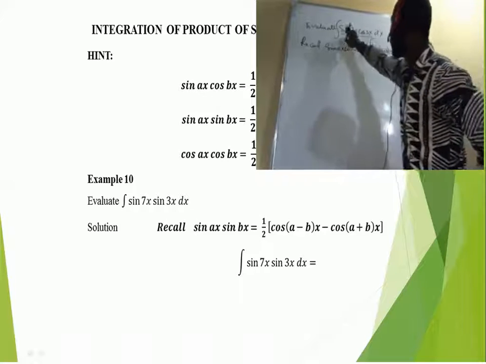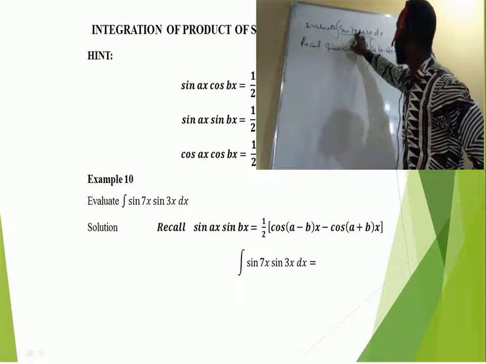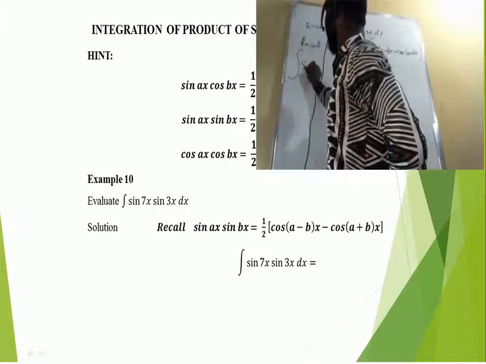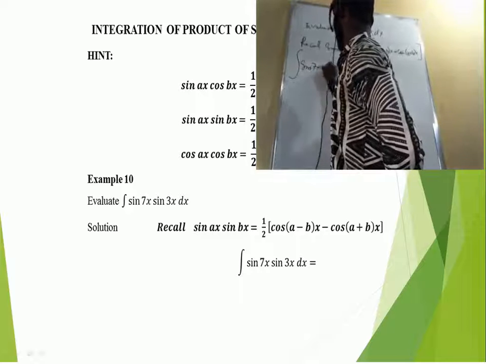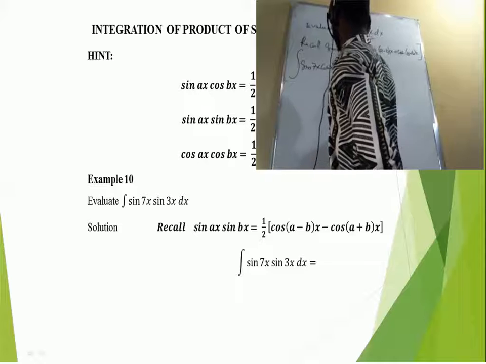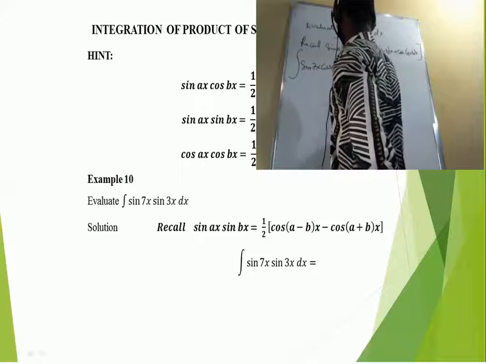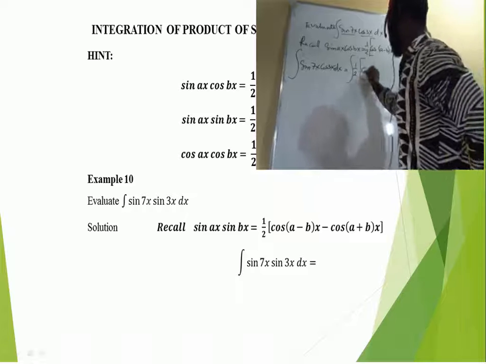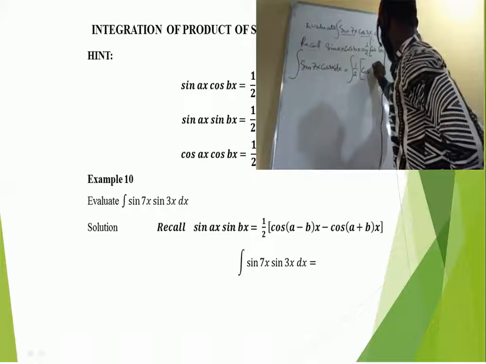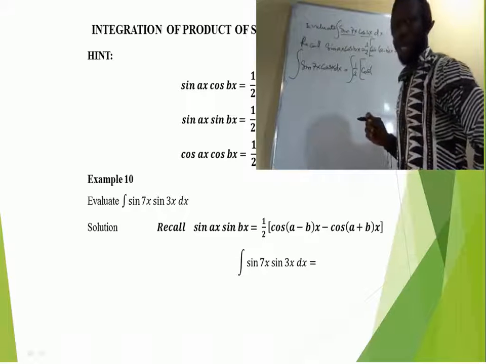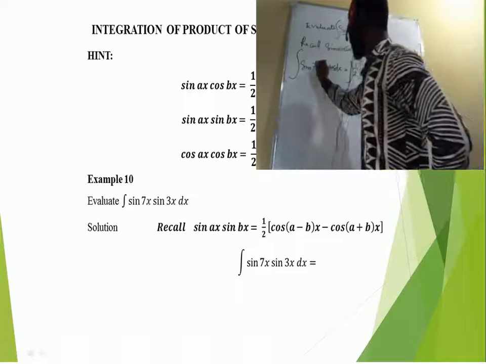So when we have one similar to this, we apply it here. When we integrate sine 7x cos 3x dx, we are going to have 1 over 2, bracket open, and then cos.